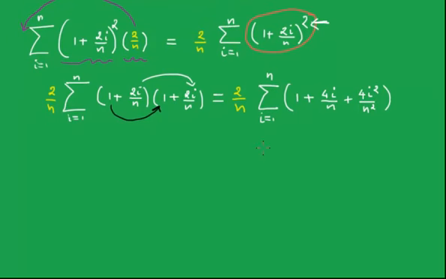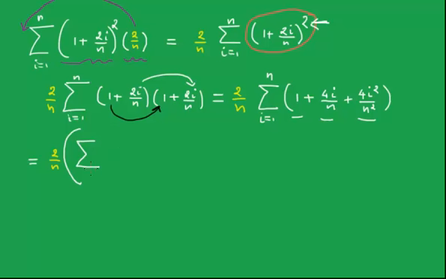Now remember, we can split this into 3 summations because we have 3 terms here. So this equals, we still have the 2 over n in front. We don't forget that. That's why I'm having it in yellow, a different color.